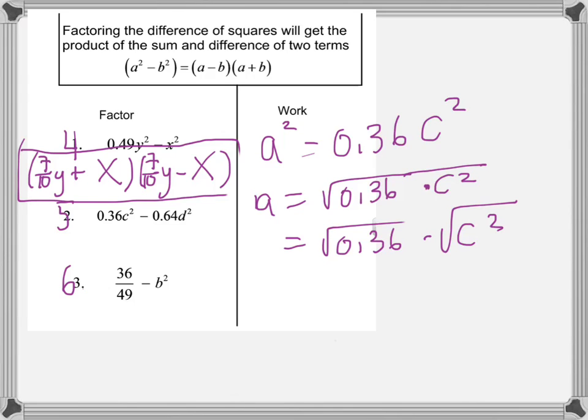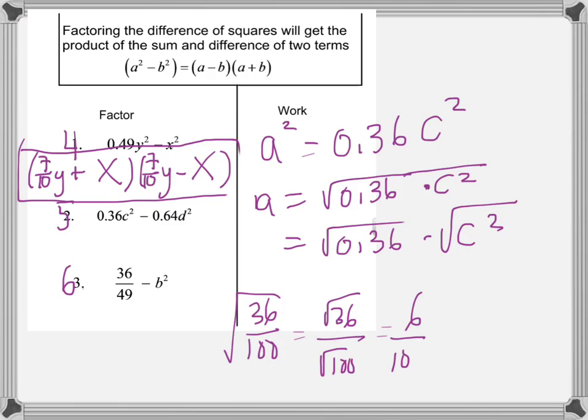Okay, and 0.36 is 36 hundredths, and if I take the square root of it, that would be the square root of 36 over the square root of 100, which would be 6 over 10. So you can write it like that, or you can write it as 0.6, which is 6/10. So this is going to be equal to 0.6 c. The one above I left as a fraction. I could have also exchanged it into a decimal.